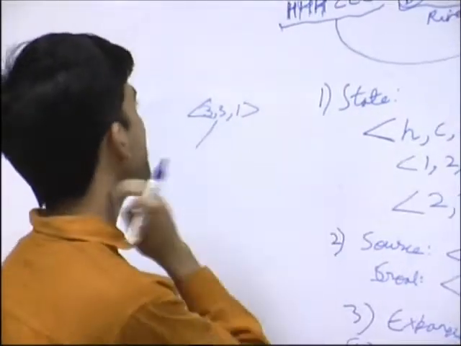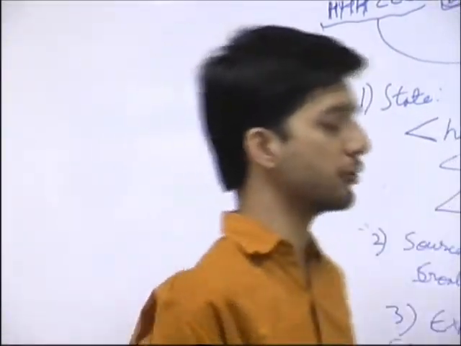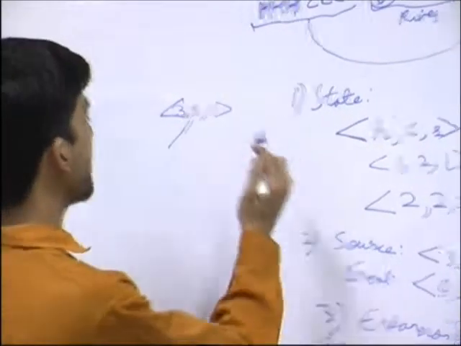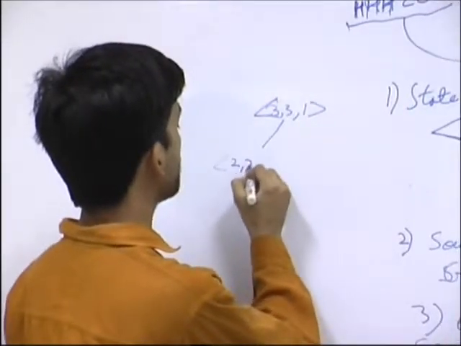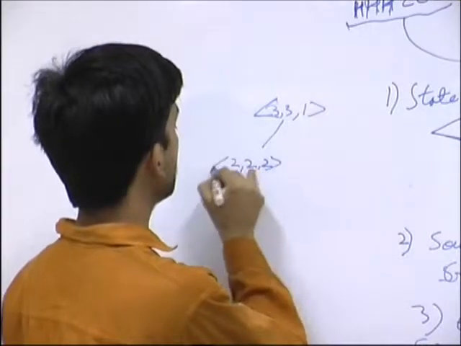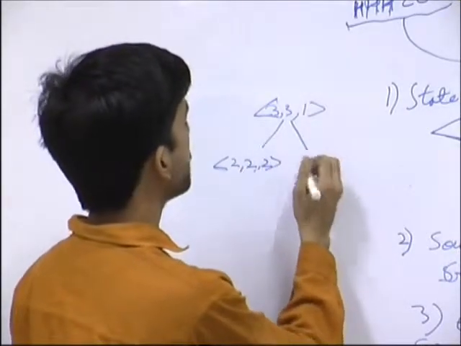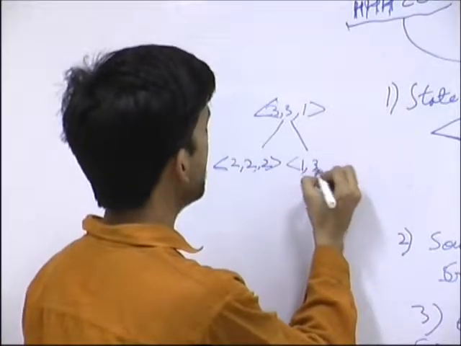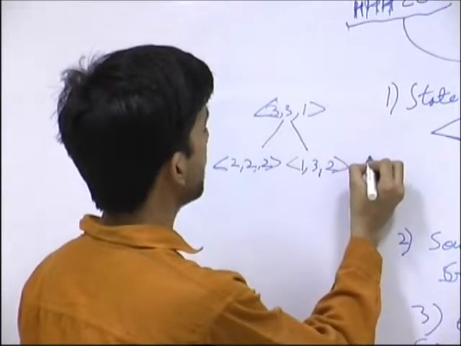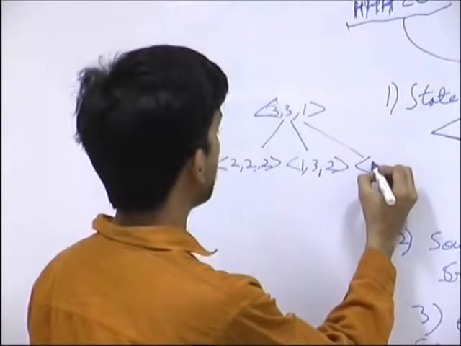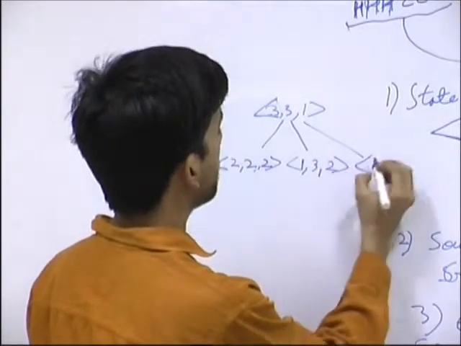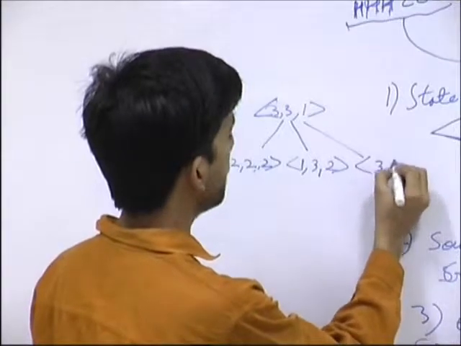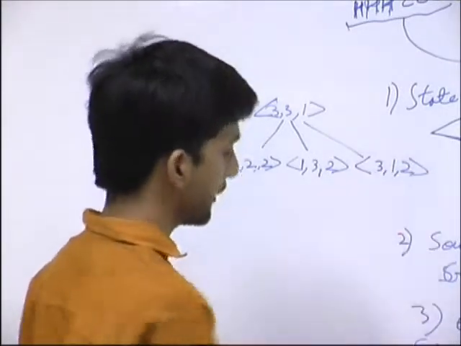So if it's 3, 3, 1, either an H moves and a C moves, either 2 C moves or 2 H moves. If an H and a C move, it becomes 2, 2 both on the other side. If 2 H move, it becomes 1, 3 both on the other side. And of course, if 2 C move, it becomes 3, 1 both on the other side.